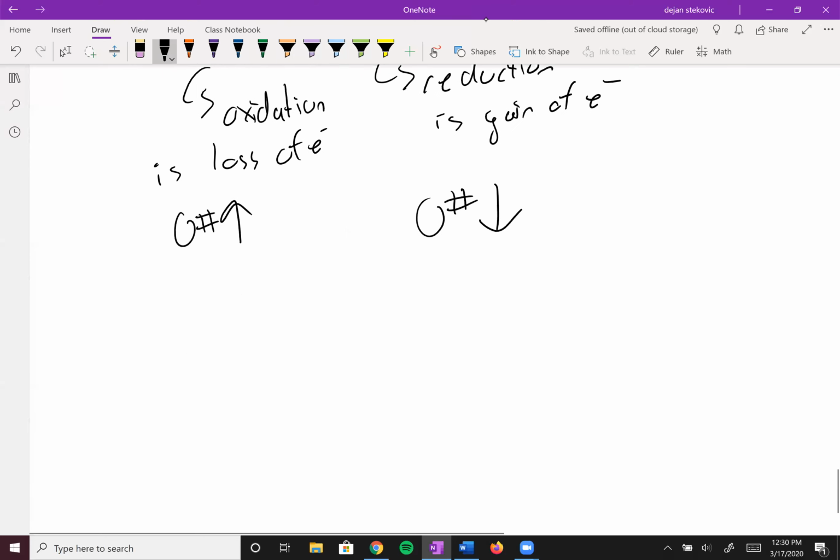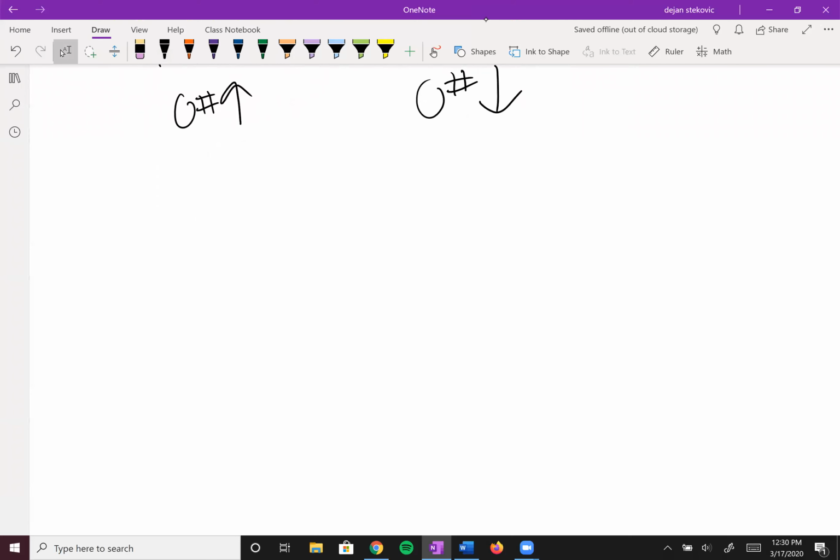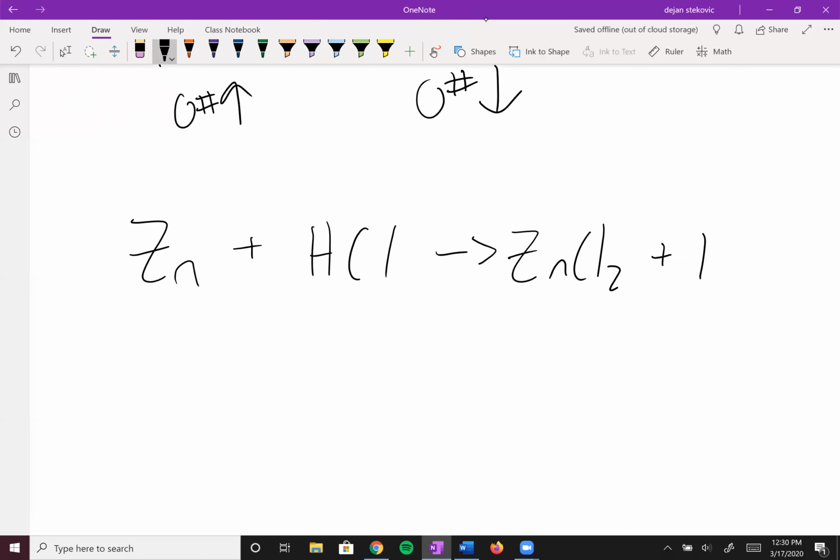So let's take a look at a pretty simple example. We have zinc plus HCl going to zinc chloride and hydrogen gas. Let's figure out what these are. We know from one of our rules that anything by itself is simply 0. We know hydrogen with nonmetals is +1.